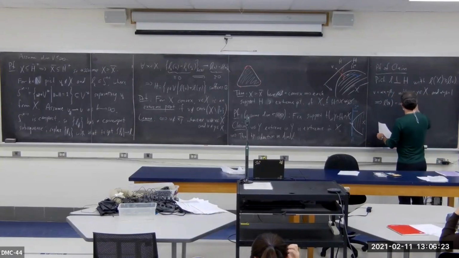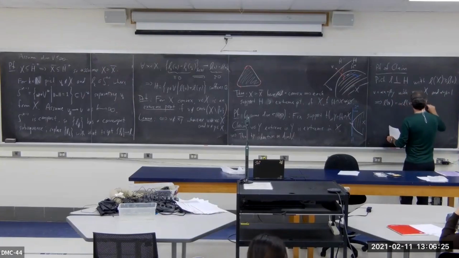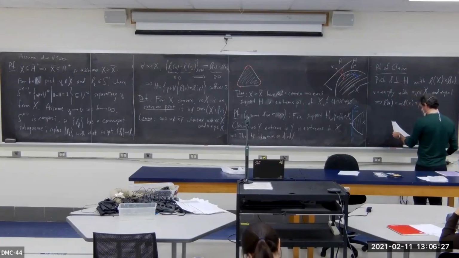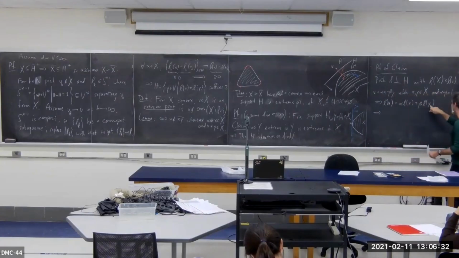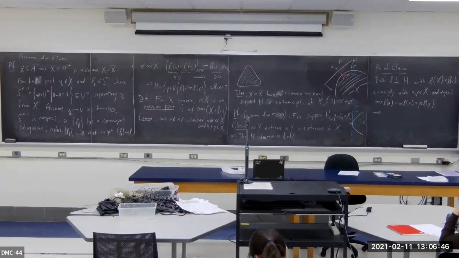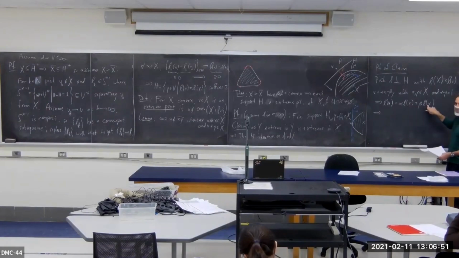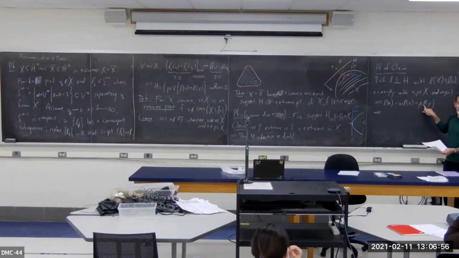That's alpha L of X plus beta L of Y. But remember, L of X and L of Y are supposed to be bigger than or equal to L of V. So I'm adding up two numbers that are greater than or equal to L of V with coefficients that sum to 1. What can you tell me about L of X and L of Y? Remember, this thing is greater than or equal to L of V, and that's greater than or equal to L of V. Alpha plus beta was 1, so then this sum is at least L of V.